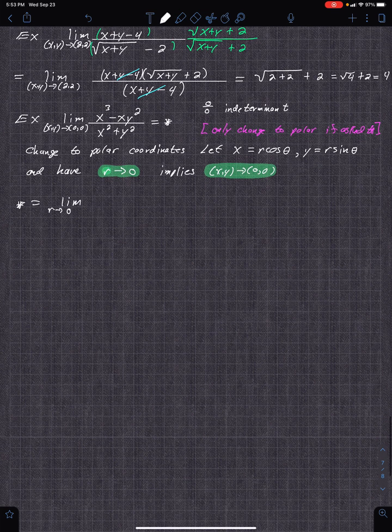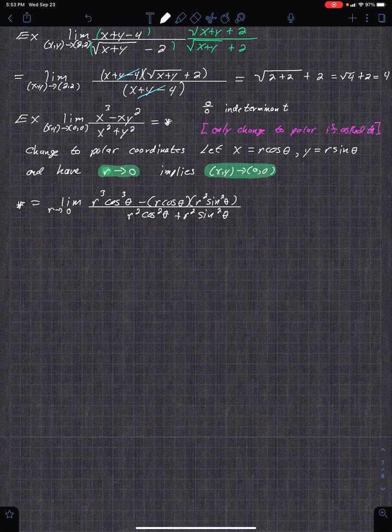It's going to be r cubed cosine cubed theta minus r cosine theta r squared sine squared theta, all over r squared cosine squared theta plus r squared sine squared theta.